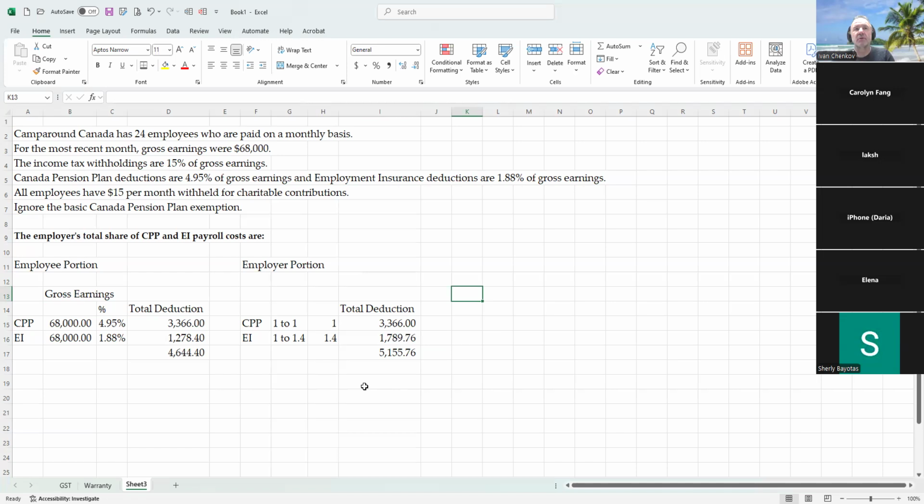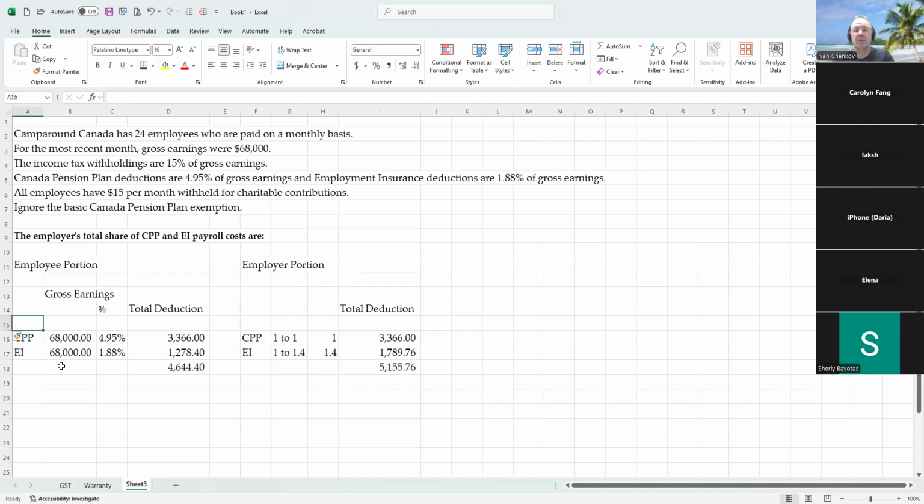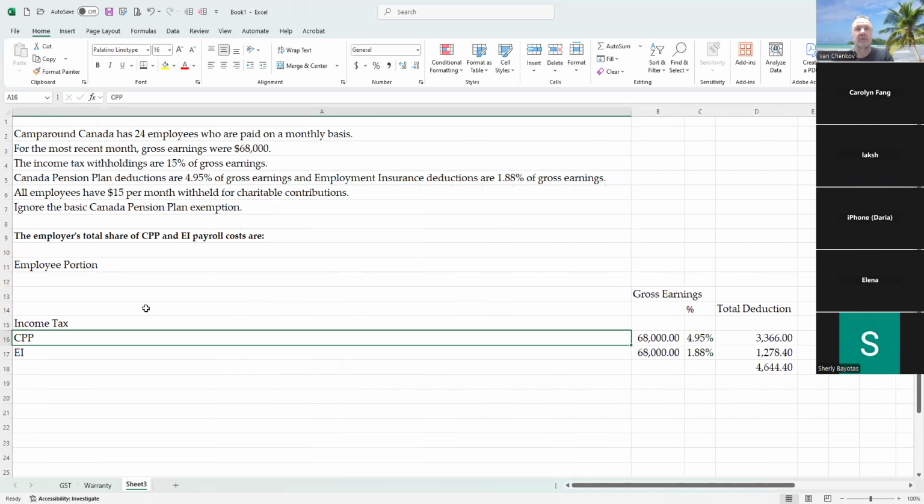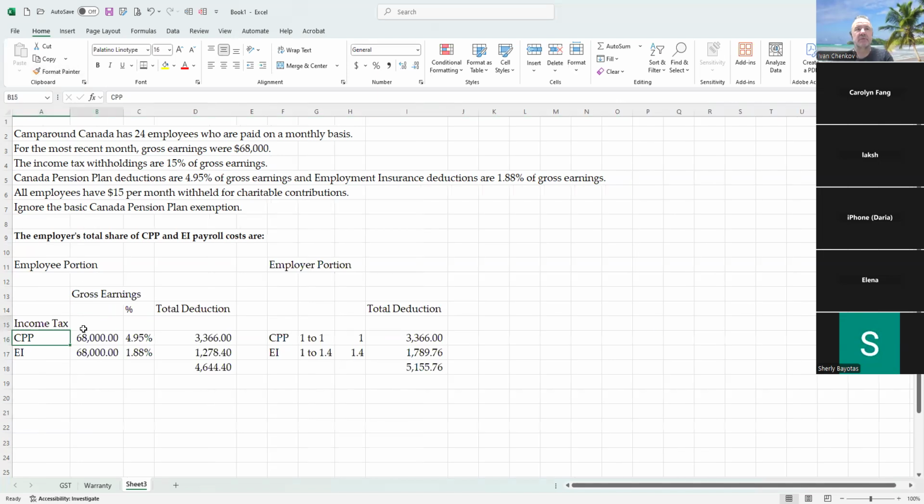Now, if we have to do the journal entry, what else do we have to deduct from the employee? We have to deduct income tax, right? And we have to deduct the income tax for the entire amount, which is the 68,000.